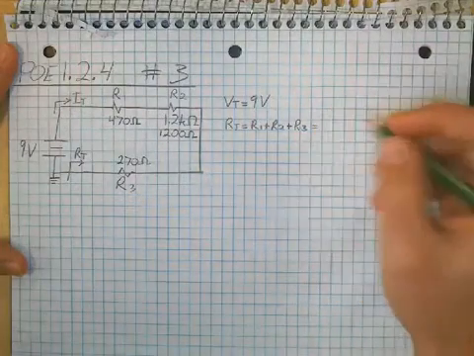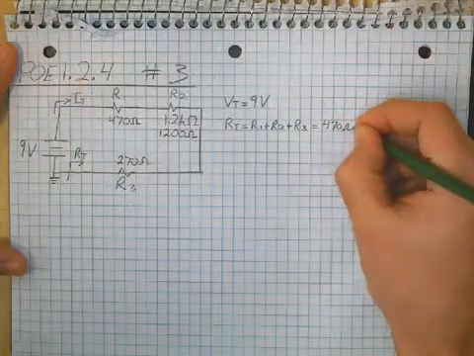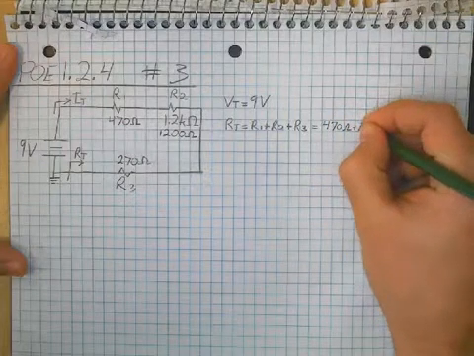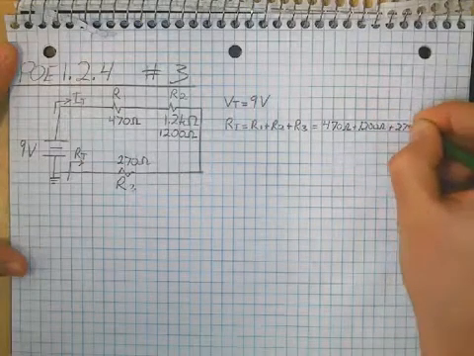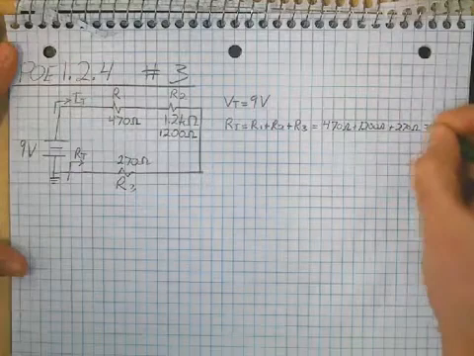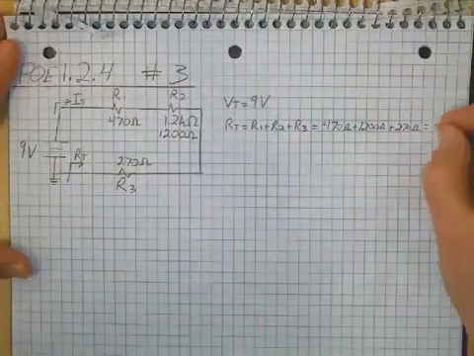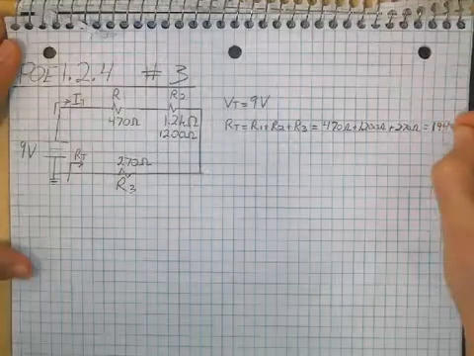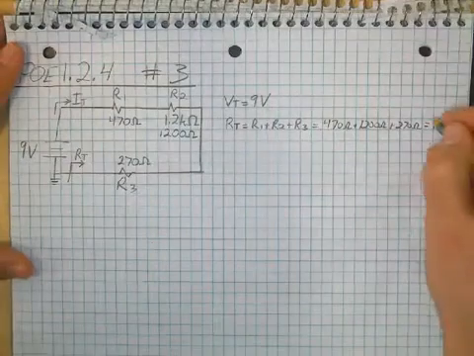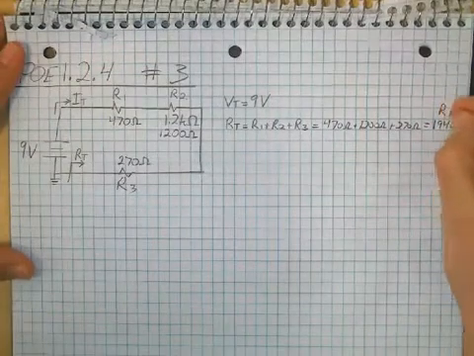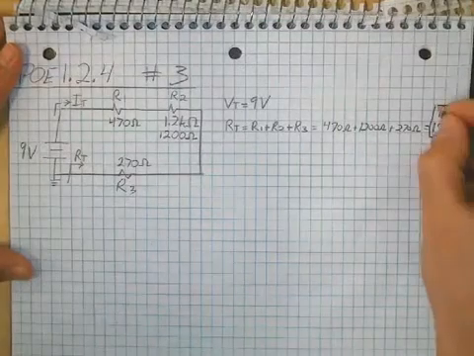And so we'll plug that in, and we'll say 470 plus 1200 plus 270, and that's going to give us our total of 1,940 ohms. And there is our RT, our answer for RT.